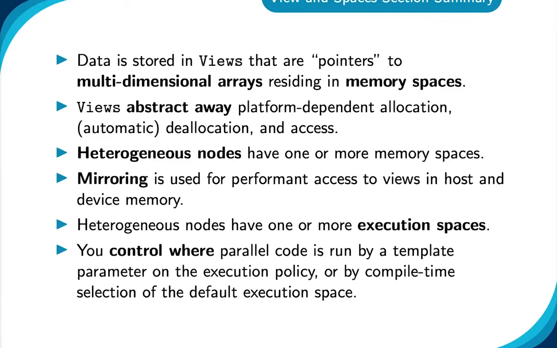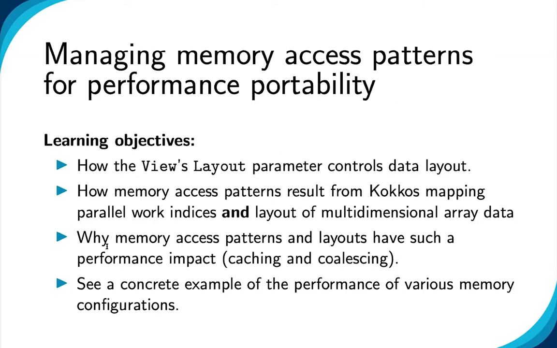If you have heterogeneous nodes, you have one or more memory spaces, and you use mirrors to create essentially copies to go back and forth between them. Heterogeneous nodes also have potentially one or more execution spaces, and you can control where parallel code runs by template parameters on the execution policies. Okay, let's go on.